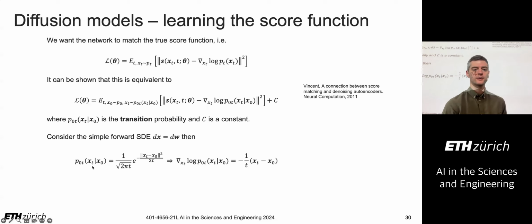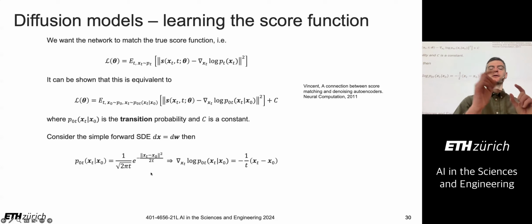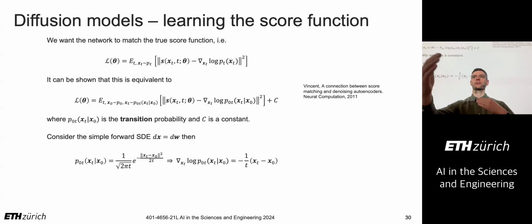It says, given some starting image, the image at time t is the same image, but with some Gaussian noise added to it. This is the distribution. And the magnitude of that Gaussian noise is proportional to the time. So the standard deviation of the Gaussian noise just depends on how long the process has been evolving for.